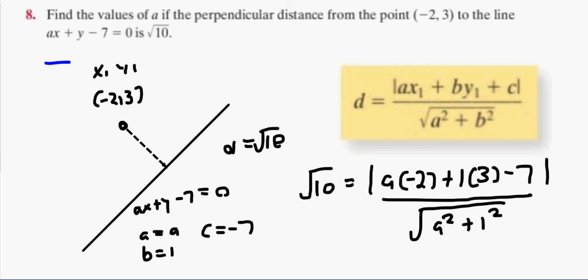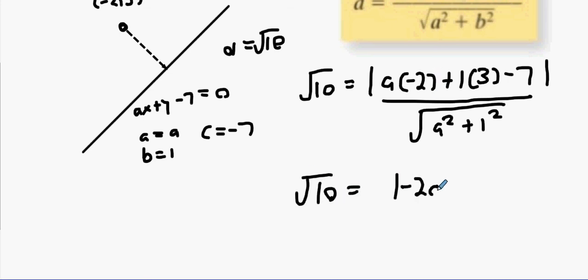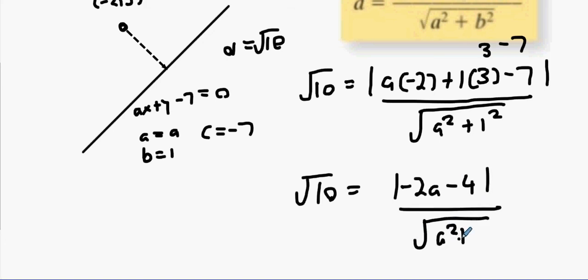Now let's multiply this out. Root 10 equals minus 2a, and what's 3 take away 7? Minus 4. All over the square root of a squared plus 1 squared.